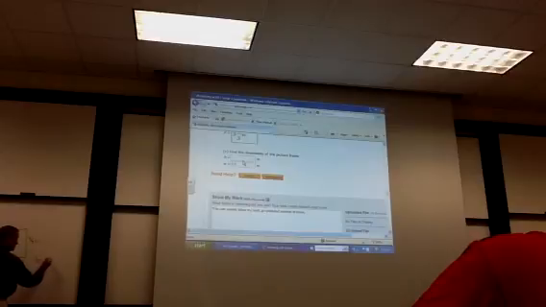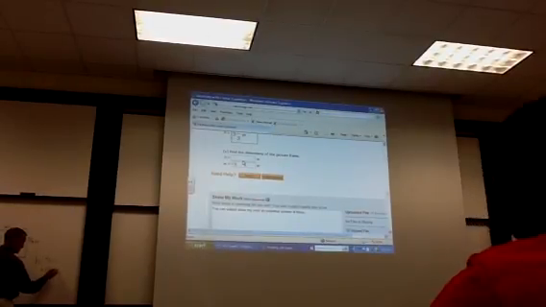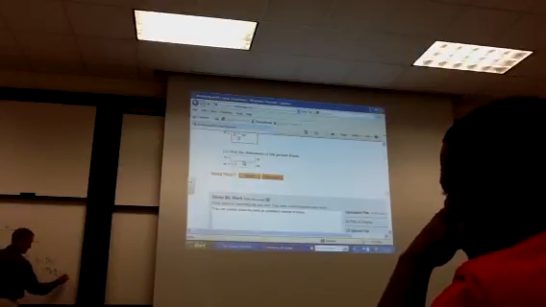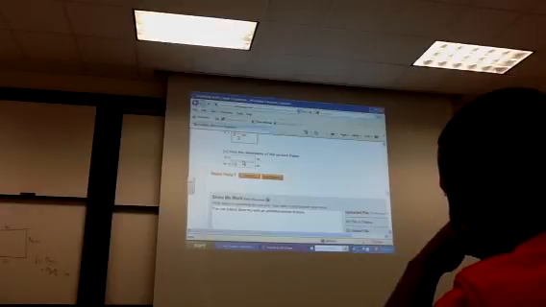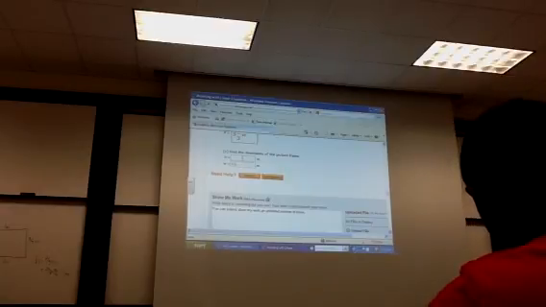H is the same as 2/3 W. But W is 3/2. So I'll substitute 3/2 for W. One meter. So the height is going to be 1 meter.